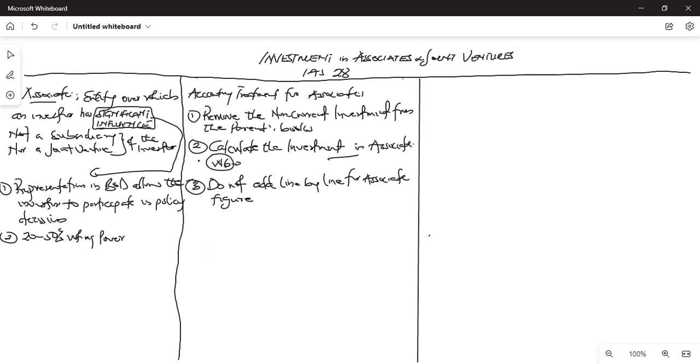Your Working 5 in the SOFP is also going to change because you have to bring in the associate. So take note of that. Now, let me go ahead and give you Working 6.